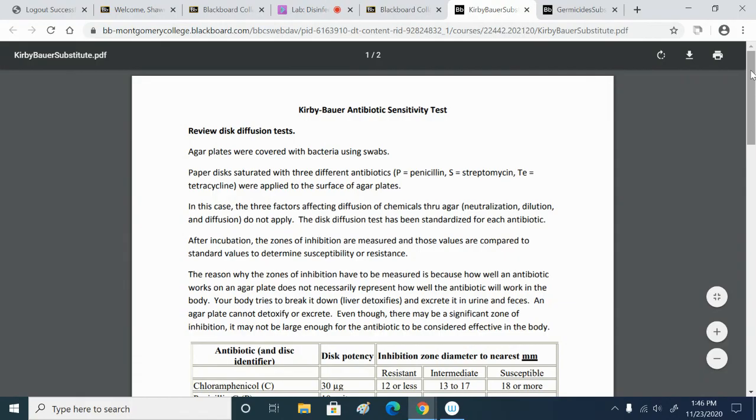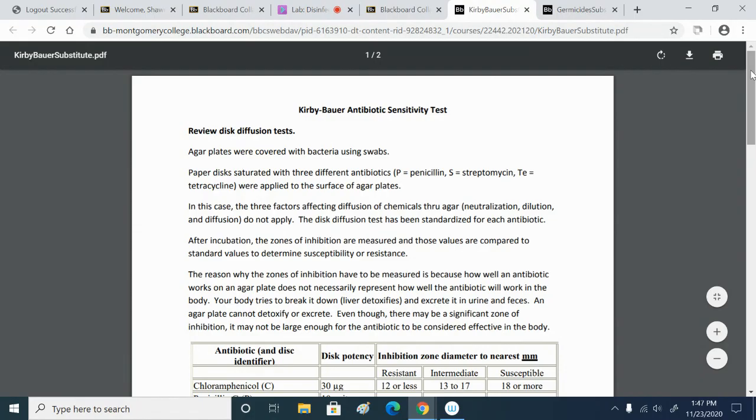So even though there may be a zone of inhibition on the agar plate, if it's not sufficiently large, then the antibiotic is considered not effective in the body. So even though there may be a zone of inhibition on the plate, that's because all the antibiotic is concentrated right there, no excretion, and no detoxification because there's no liver.